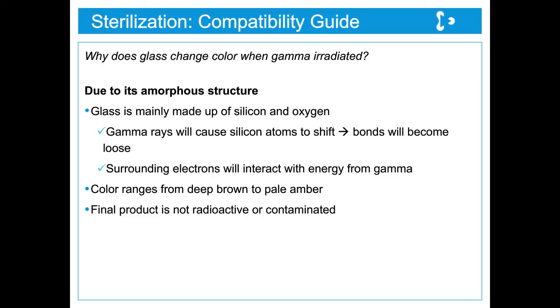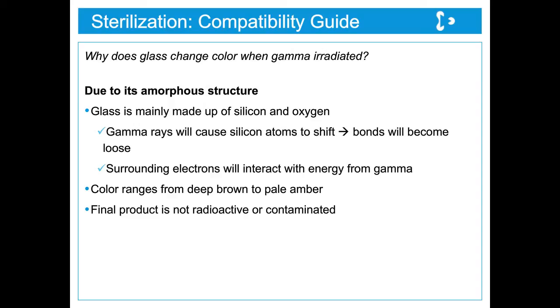What happens is that the gamma rays will cause the silicon atoms to shift, and bonds can become loose. Therefore, the surrounding electrons will actually interact with the energy from the gamma rays, and it will cause clear glass to become more pale and almost an amber color. However, it's important to note that the final product is not radioactive and it's not contaminated in any way.